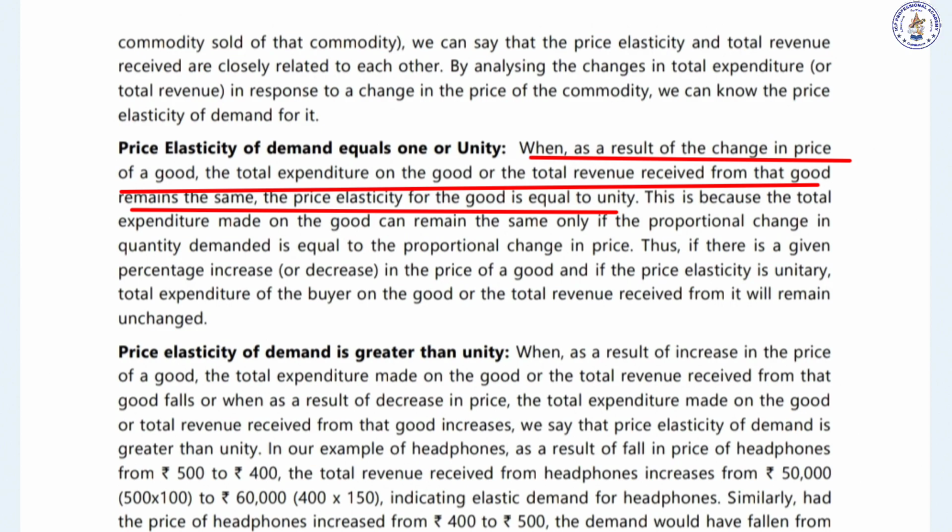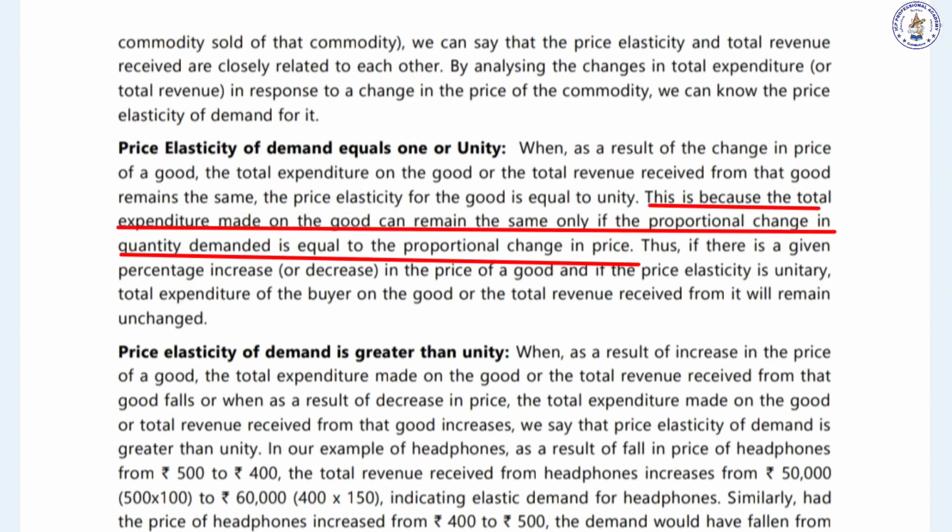The price elasticity for the good is equal to unity. This is because the expenditure made for the good remains the same only when the proportional change in the quantity demanded is equal to the proportional change in price, then it is said that the price elasticity is equal to 1.